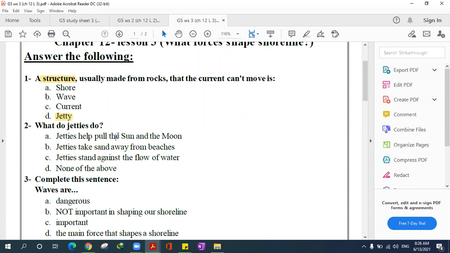None of the above. Are you sure it's none of the above? What do you think is the job of the jetty, Habiba? What does it do? I don't understand what a jetty is.